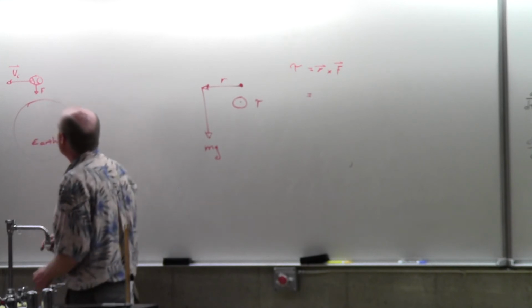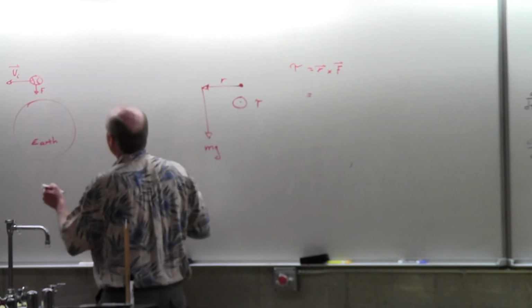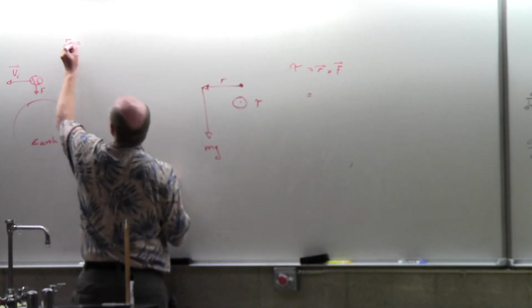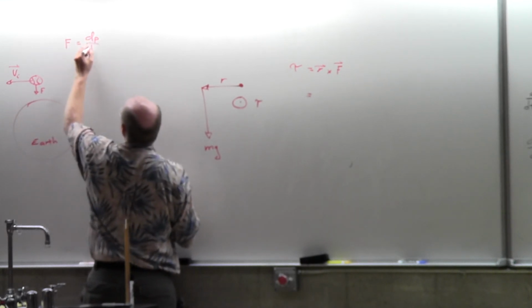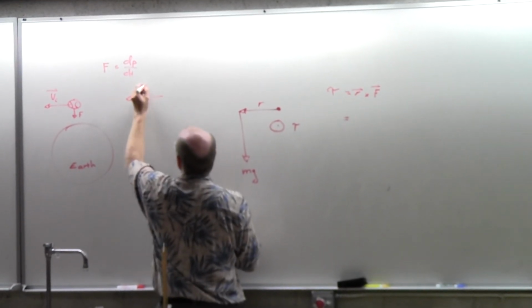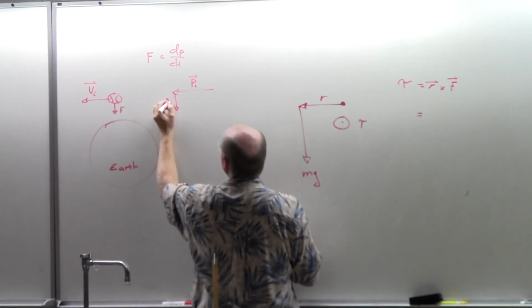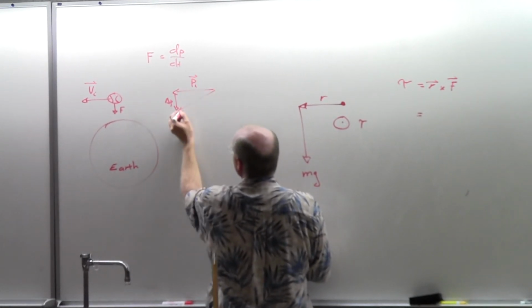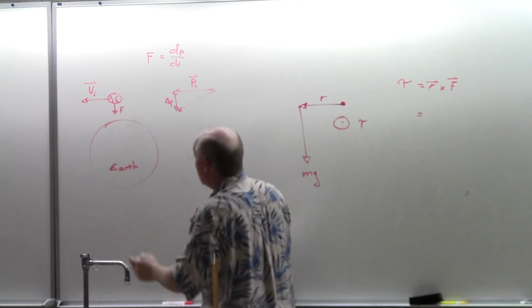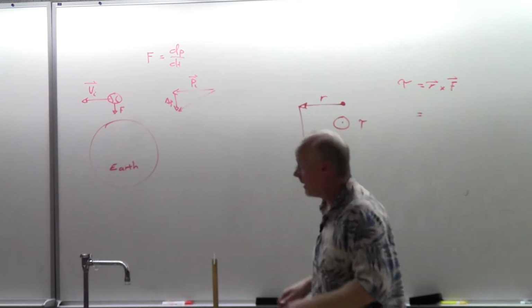On the other hand, if it is already moving, I would say the force is equal to its change in momentum. So that means if it already had an initial momentum this way, the change in momentum would be this way, and so the result is a turn. It is something different. It is not just straight down.